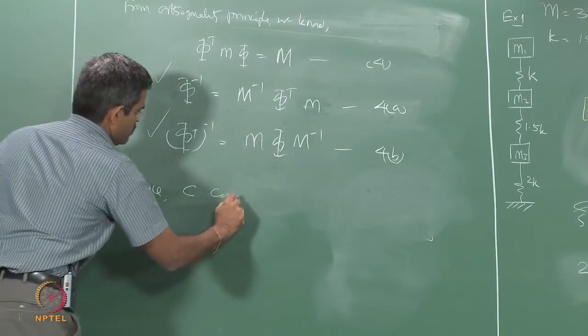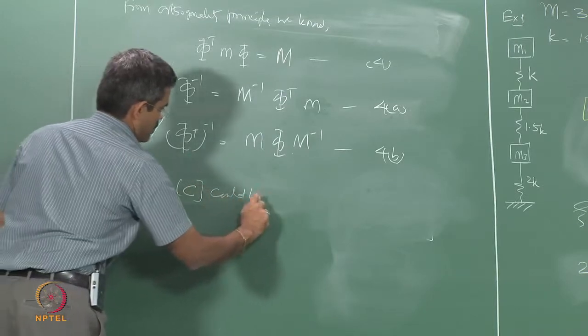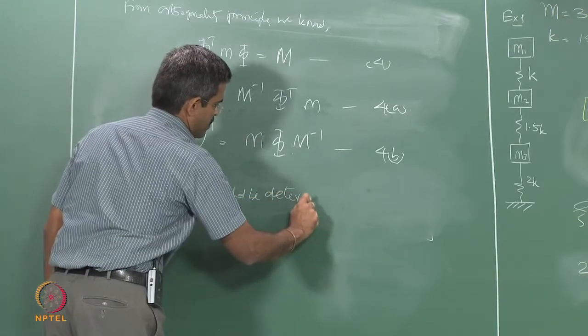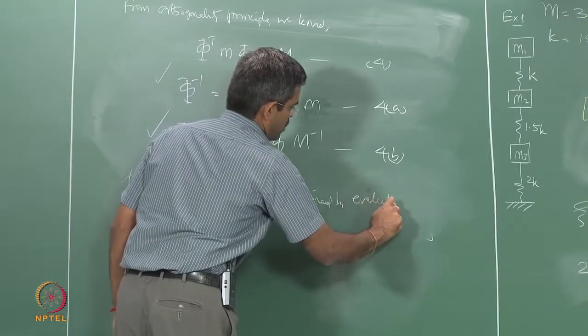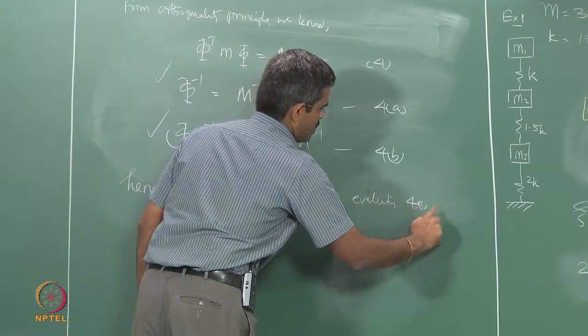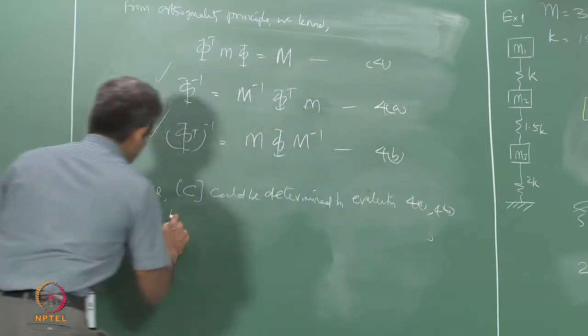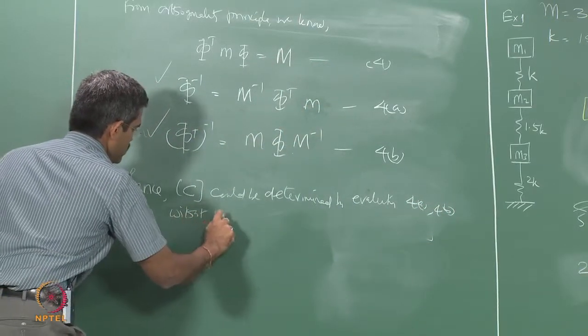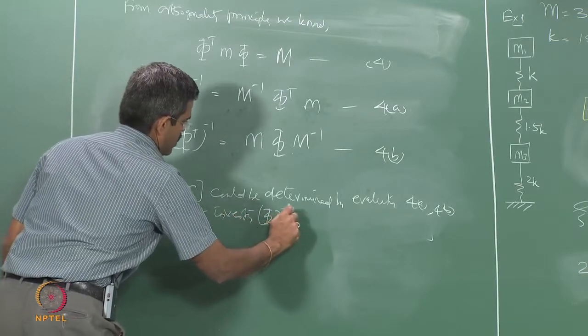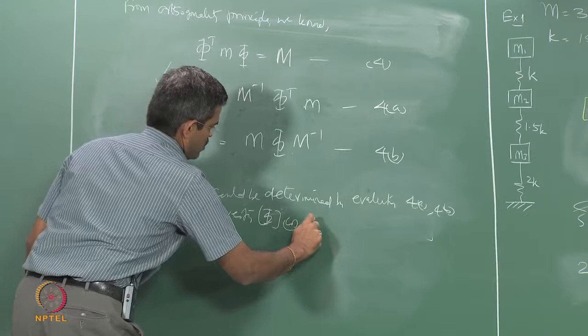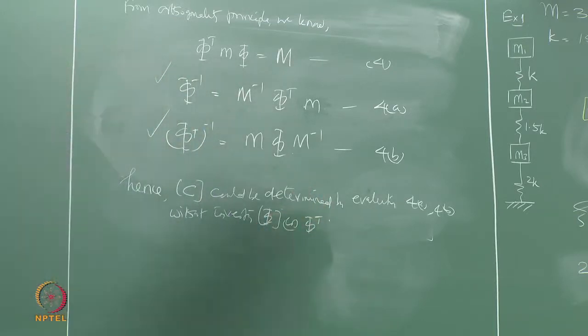C could be determined by evaluating 4a and 4b without inverting phi or phi transpose.